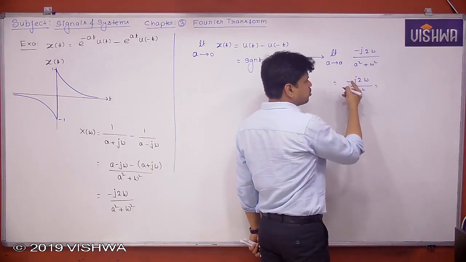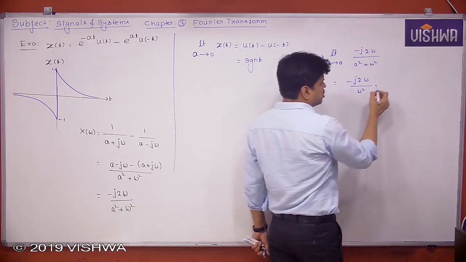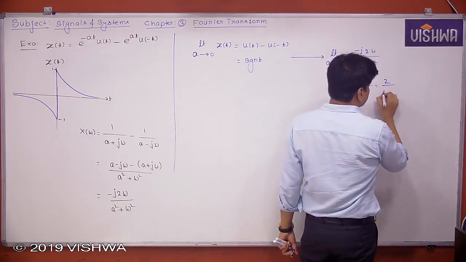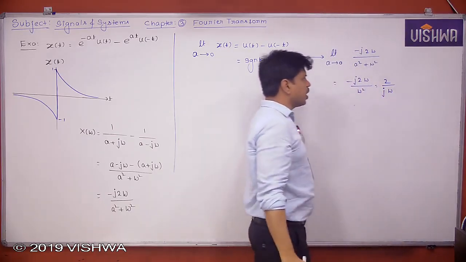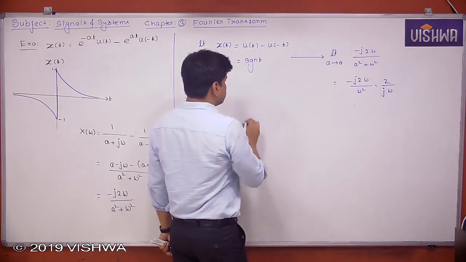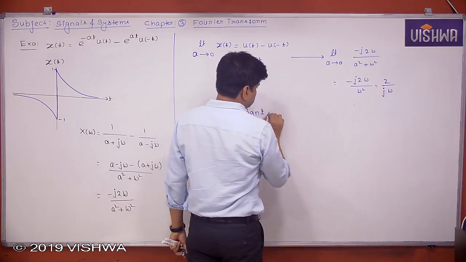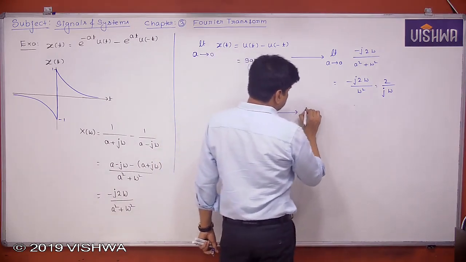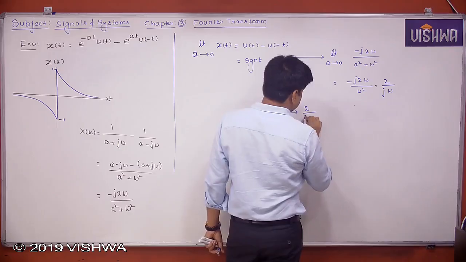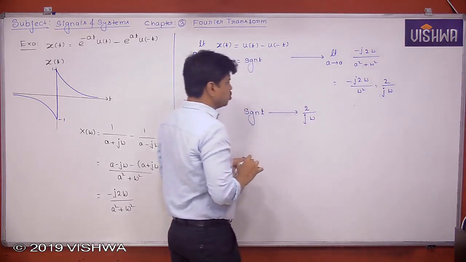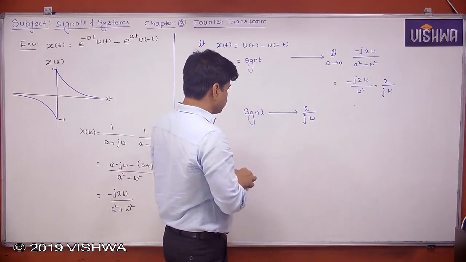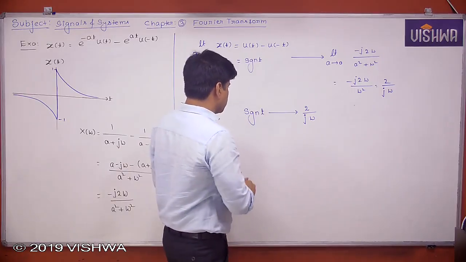So bring this j to the denominator, then this will become 2 by j omega. So this is what you have to remember finally: for the signum t function, the Fourier transform is 2 by j omega. Okay, take it.